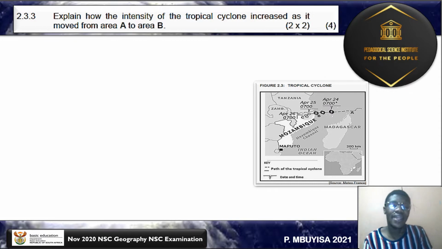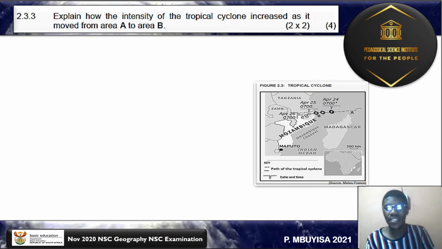Explain how the intensity of the tropical cyclone increased as it moved from area A to area B. How did the intensity of the tropical cyclone increase as it moved from area A to B? Now remember that as the cyclone is moving from area A, which is here, to area B, it's notable that as it moves over the warm ocean, its temperatures increase rapidly, right?